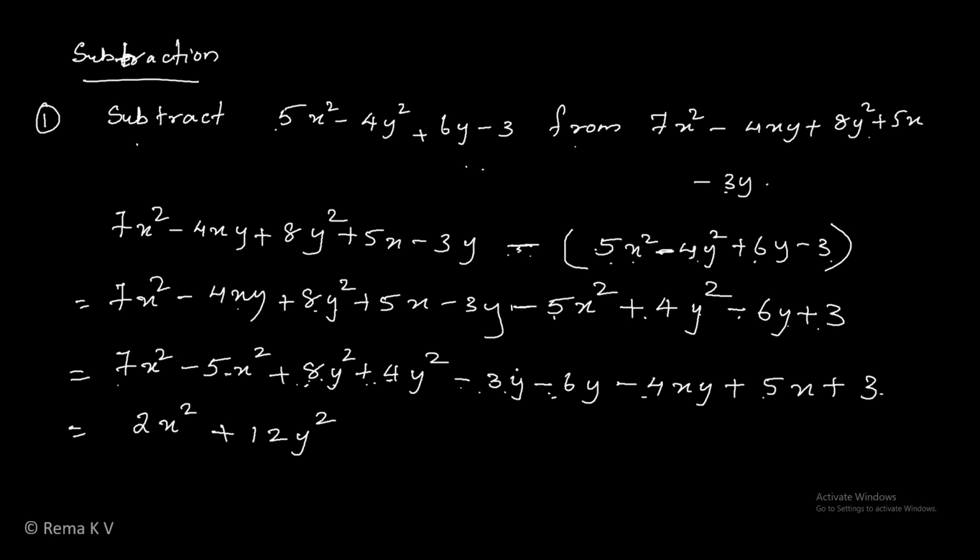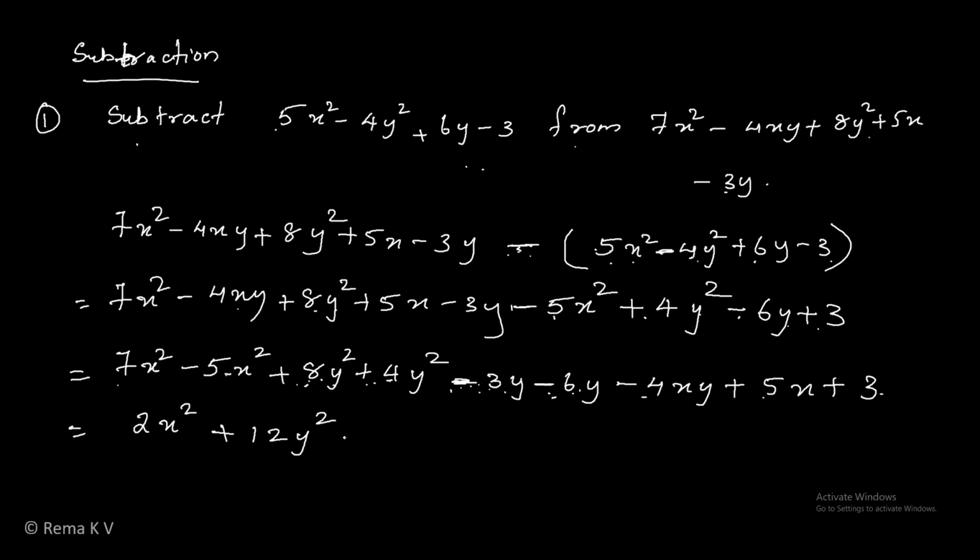See, both are negative terms. If both are negative terms, we have to add the numbers and then put the sign of these terms. So what do I have to do? Both are negative. If both are of the same sign, add the numerical values, that is 3 plus 6.